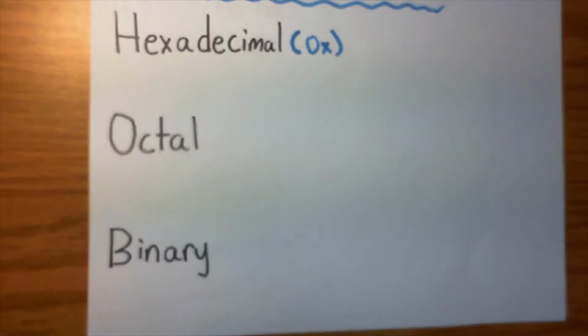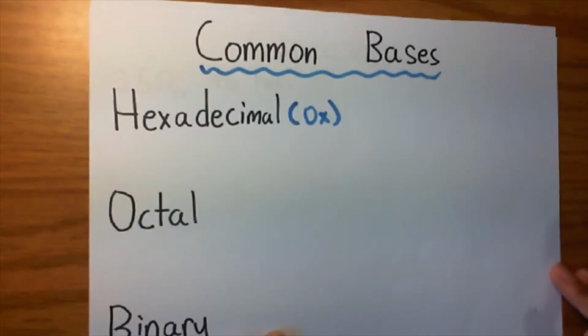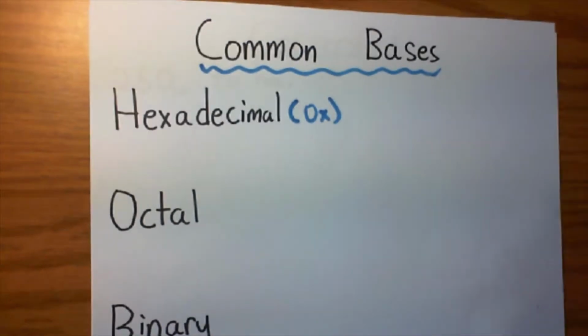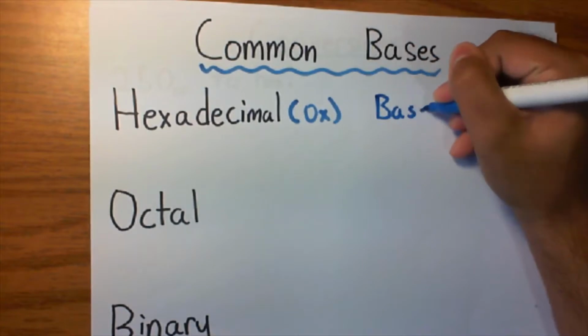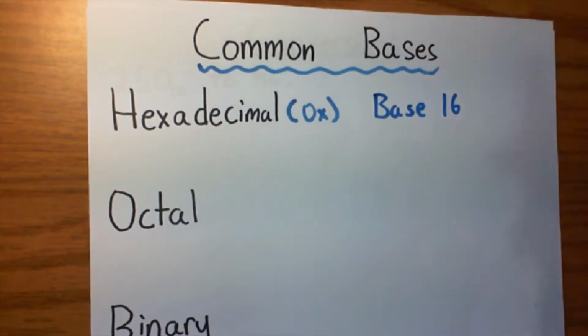So from there, I do want to talk about some of the common bases that we'll be using. To start off with, we have hexadecimal. So this is a base of 16. What this means is that we have 16 different possible values for each digit.